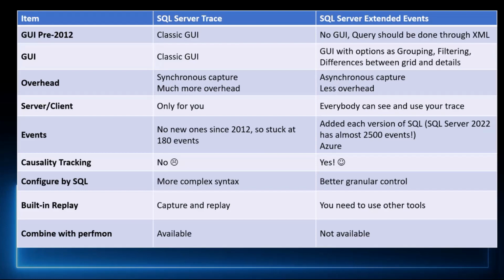On SQL extended events, of course, you do have some overhead. Everything comes with a price, but I haven't seen anyone bringing production down on my SQL servers, at least not yet. There are some events that have higher overhead than others. For example, if you would like to have query plans, you will see some overhead, but it's up to you to make your trace as granular as possible.